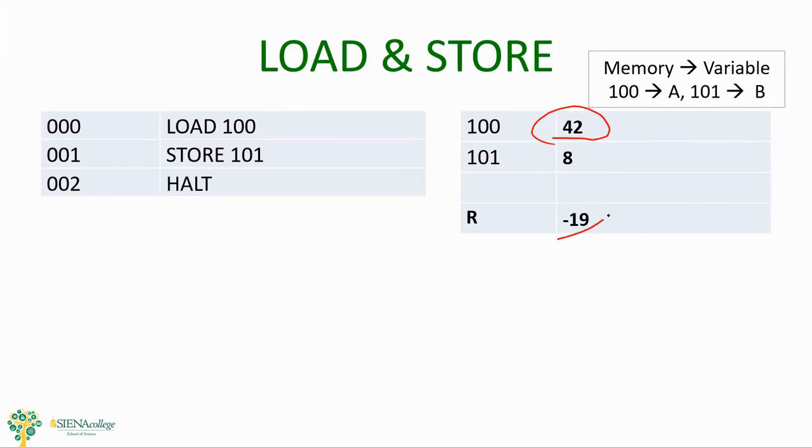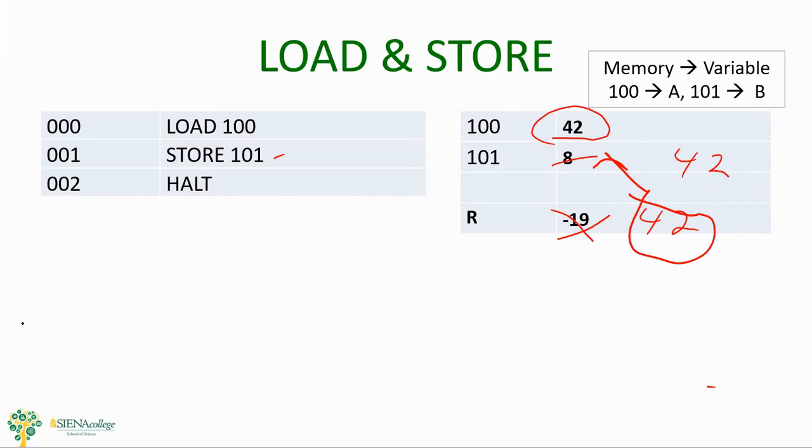So it's going to go into R. The current contents of R goes away, and we replace it with 42. Our next line of code, store 101, will take the contents of R and put it into 101. So 101 will change from 8 to 42. We then have a halt.